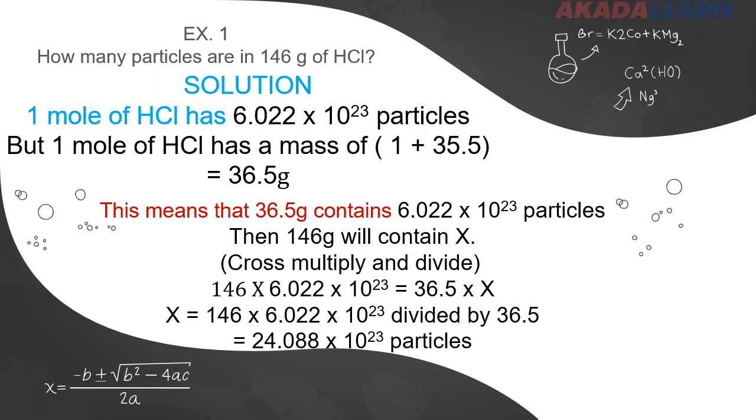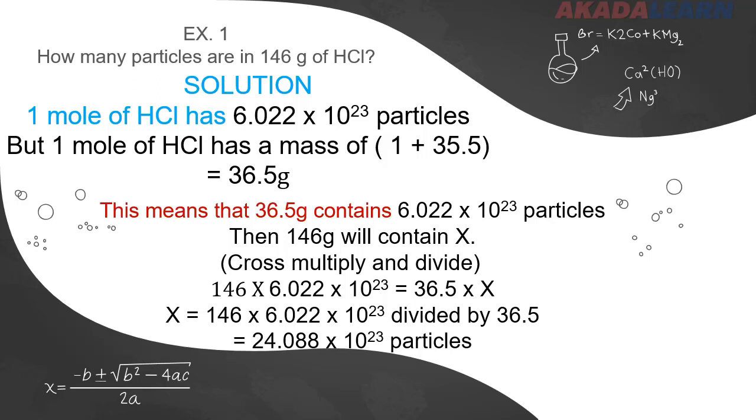If we now cross multiply and divide, we are going to have 146 times the Avogadro's number, 6.022 times 10 to the power 23, which will now be equal to 36.5 times X, that unknown. X now becomes 146 times 6.022 times 10 to the power 23 divided by 36.5.